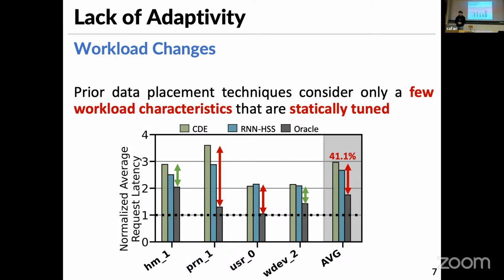So while the prior data placement policies might be doing good on some workloads, there are workloads which might be unseen or very different from what they have been trained for, or from what the heuristics are based on, to which they just will not adapt.